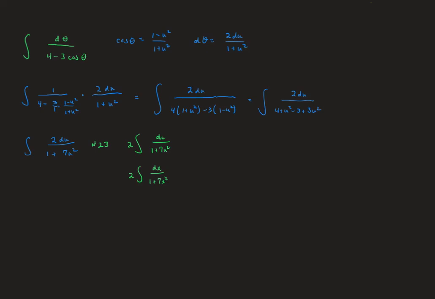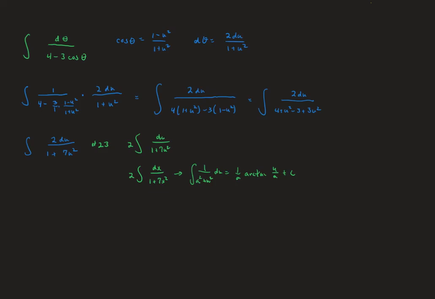Okay? So what we want is for this to be of the form 1 over a squared plus u squared, and that integral will become 1 over a arctangent of u over a.